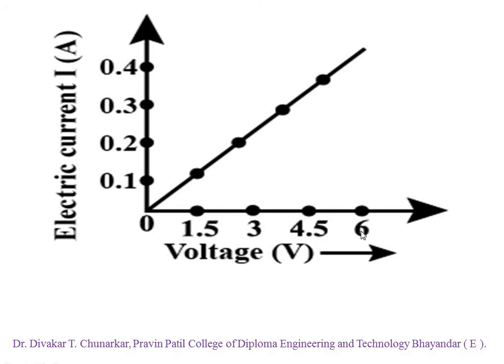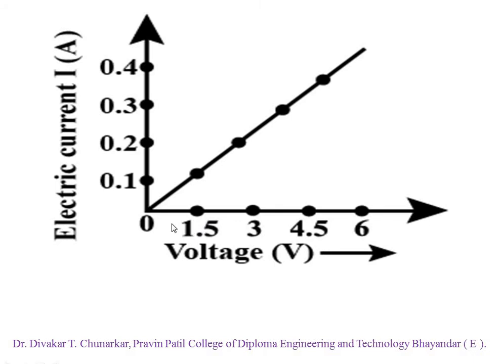Then we select points on the graph: 1.5 volt and this point, and this point.